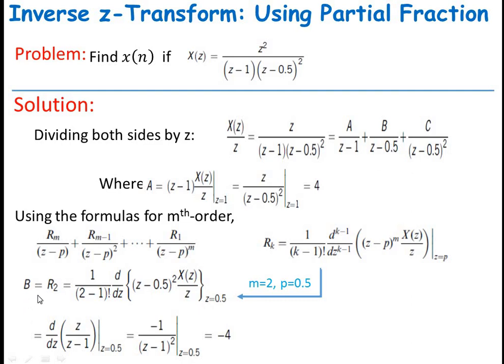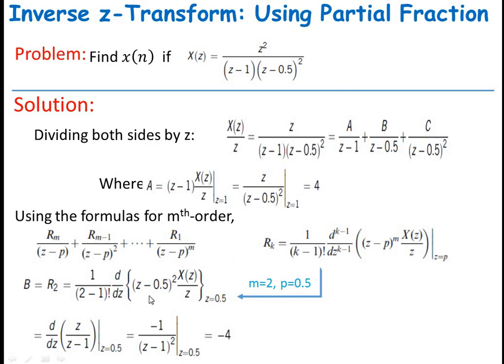For finding the value of b, you can take this as R2. So here we are having the value of k as 2, right? So now for substituting, we can substitute the value of k as 2 here. So 1 divided by 2 minus 1 factorial, d by dz power 2 minus 1, which is 1.